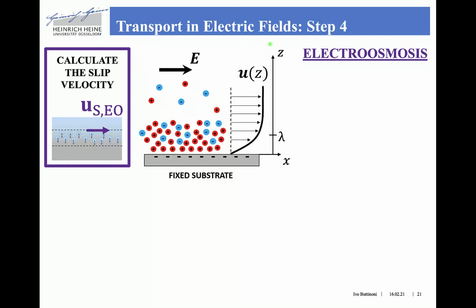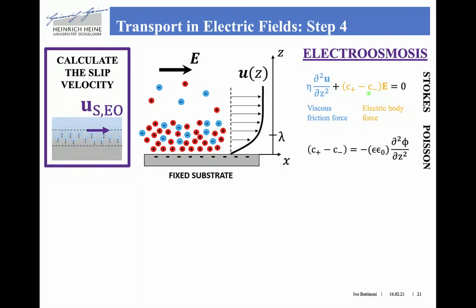So here the force balance, or Stokes equation, tells us that the sum of the viscous friction force and the electric body force has to be equal to 0, where here eta is the fluid viscosity, and c plus and c minus are the concentrations of positive and negative ions. These concentrations of positive and negative ions are linked to the electrostatic potential through this Poisson equation.